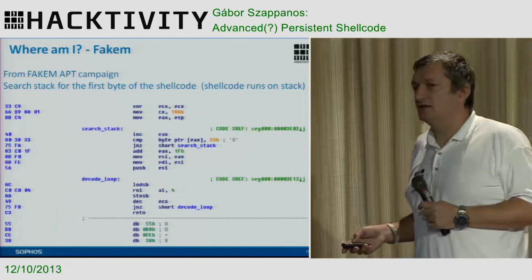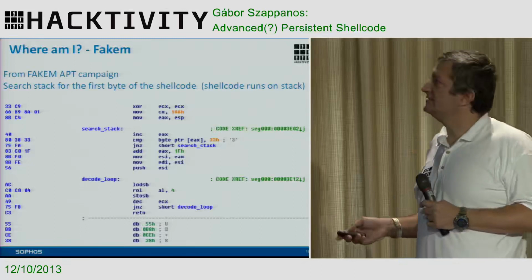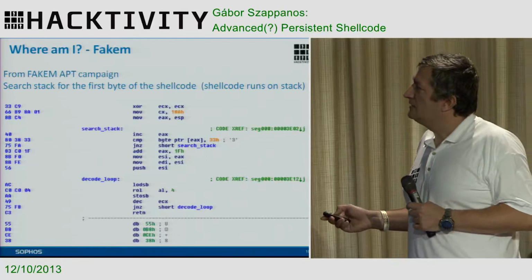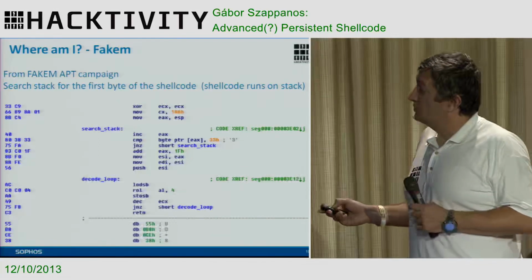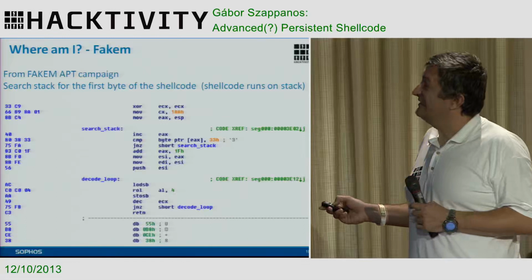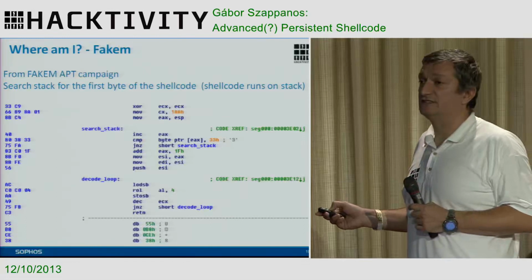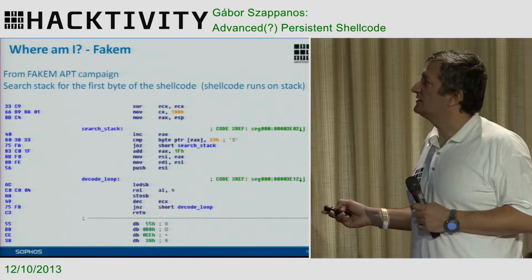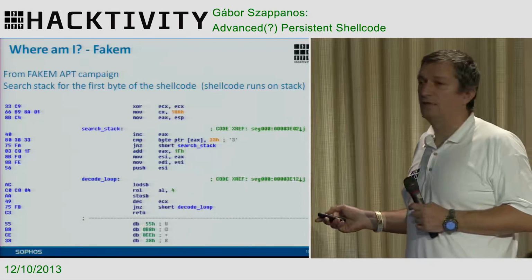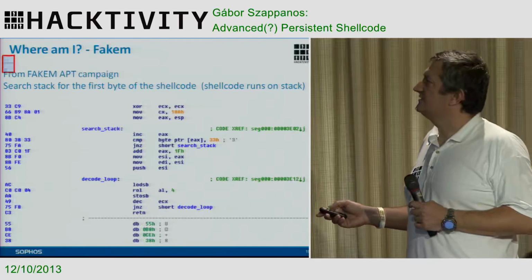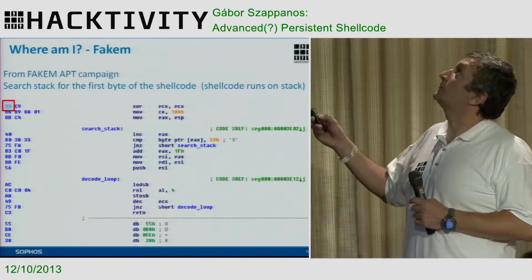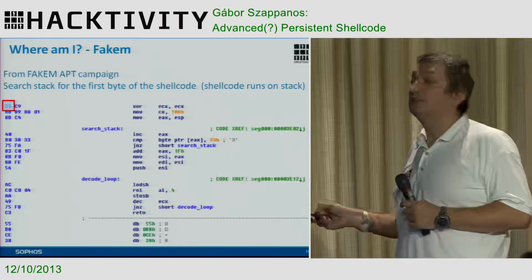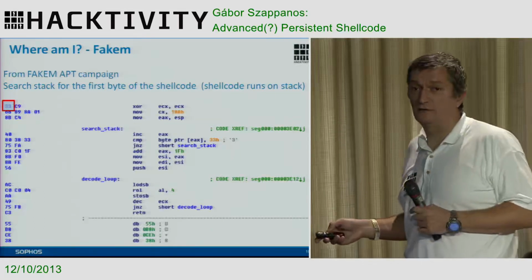Another, at least partly original method is used by the FAKEM campaign. In this case, the ECX register is filled with the stack pointer, and it will start a search on the stack for the 33 hex byte. So what the search will do is start from here and go down until the very start of the shellcode is found.